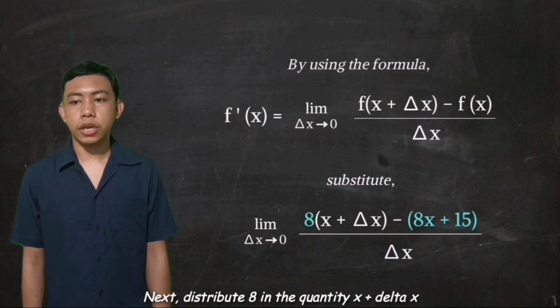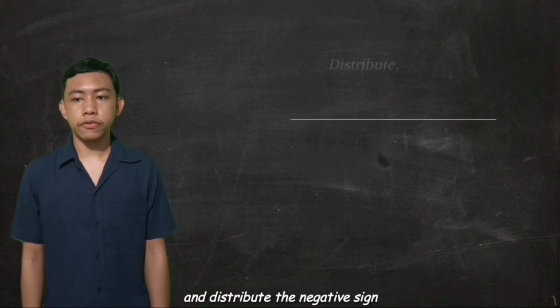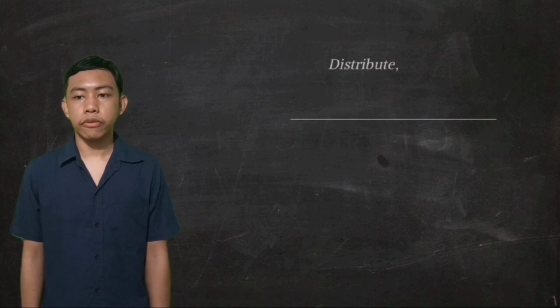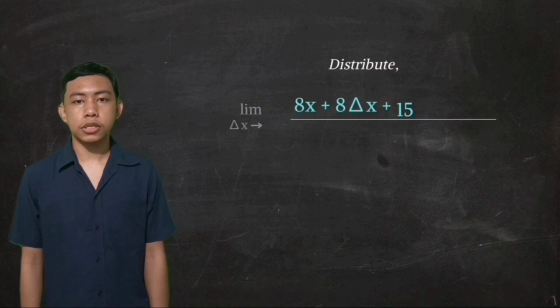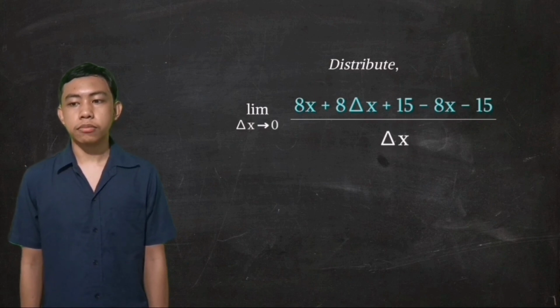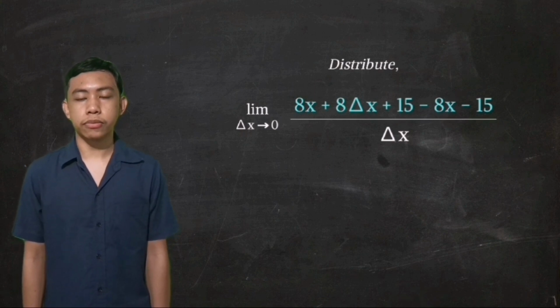Next, distribute 8 in the quantity x plus delta x and distribute the negative sign in the quantity 8x plus 15. We will have the limit of 8x plus 8 delta x plus 15 minus 8x minus 15 all over delta x as delta x approaches 0.